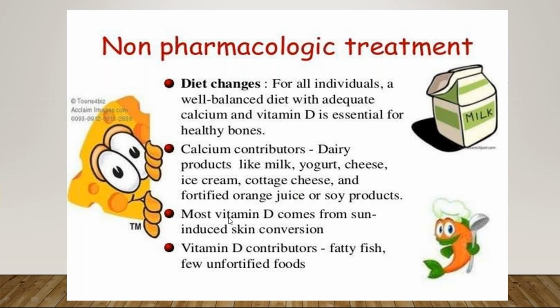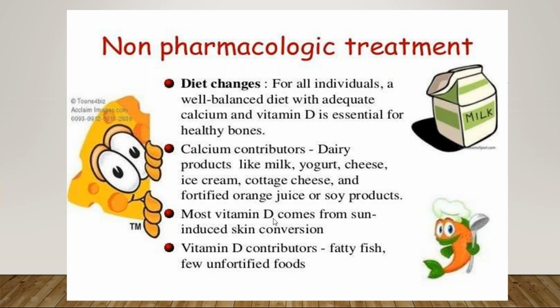And vitamin D, we won't get vitamin D through food. We get a little. Vitamin D comes from sun exposure only, because the skin converts sunlight into vitamin D. In foods you simply won't get high vitamin D levels.